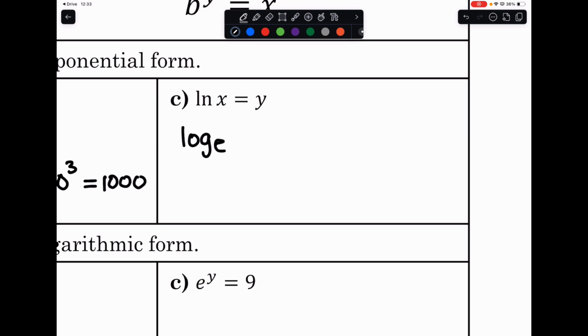So we need to read this notation, ln, as log base e of the value of x, which is going to end up equaling that value of y. That means as an exponential equation, our base of e raised to the power of y equals the value of the natural log, which is the letter x. So there's your equivalent exponential equation.